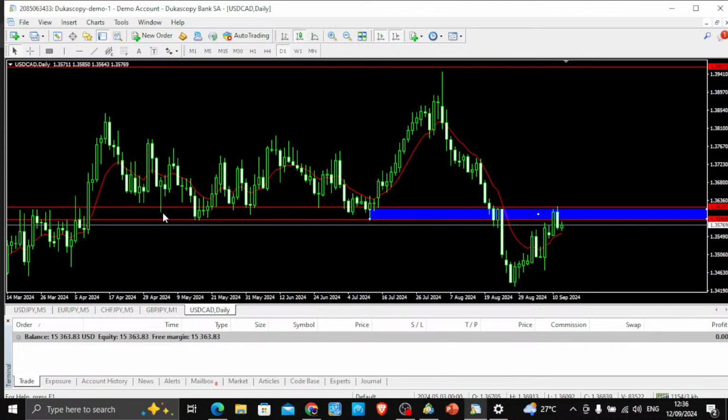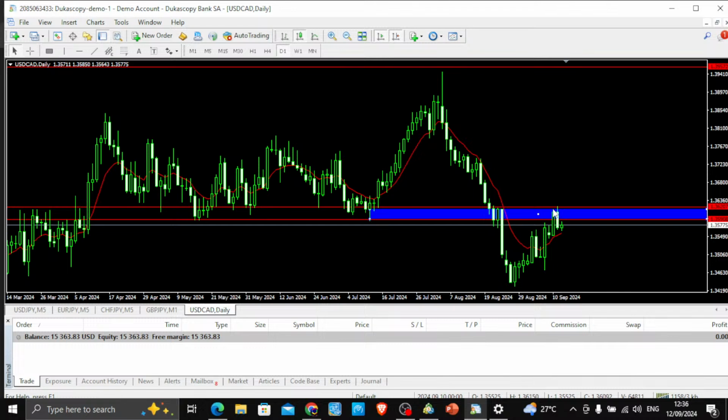Based on the dailies, 1, 2, 3, 4, 5, 6, 7, then the 8th one, it broke. Then when it got there, there's a kind of obstacle, and we have this candle.